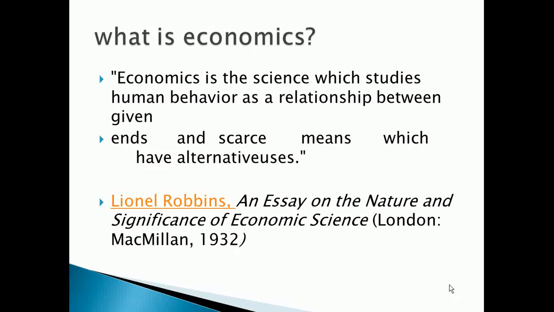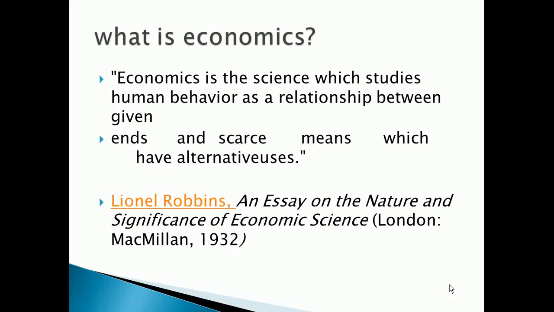But the particular one we are adopting for the purpose of this lesson is the definition by Lionel Robbins, which defines economics as a science which studies human behavior as a relationship between given ends and scarce means which have alternative uses. Economics is often referred to as a social science.